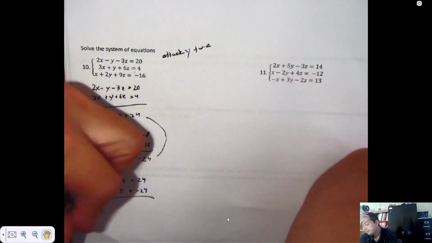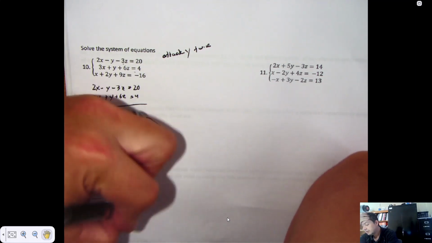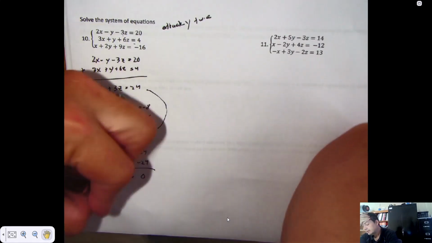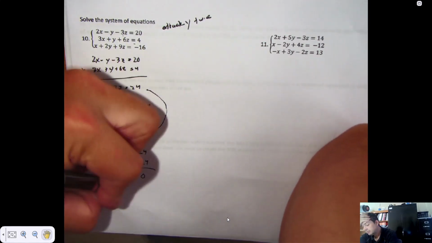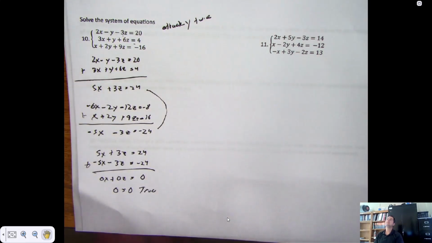Anyways, we add down. And we get something funky. We get 0x plus 0z equals 0. What? The nice thing is if you take 0 and 0 and you add them together, it's still true. This particular system is where you're dealing with parallel lines.